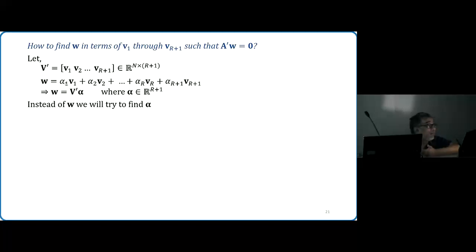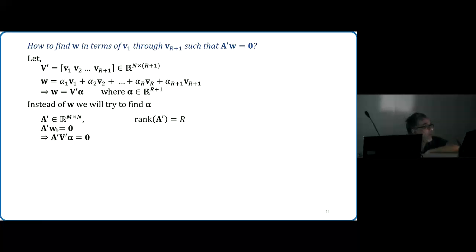Let's find an alpha, and then we can use this expression to get our corresponding W. Now, again, A prime is an m by n matrix, but the rank is only R. A prime W equals 0. We need to satisfy this expression. We need to find an alpha such that A prime W equals 0, or A prime V prime alpha equals 0.